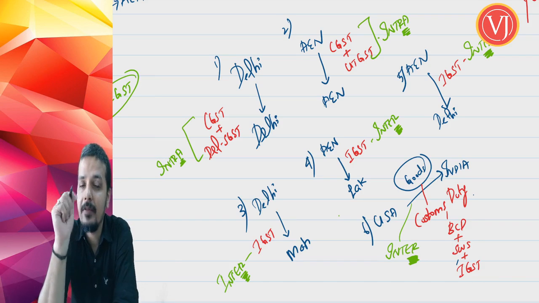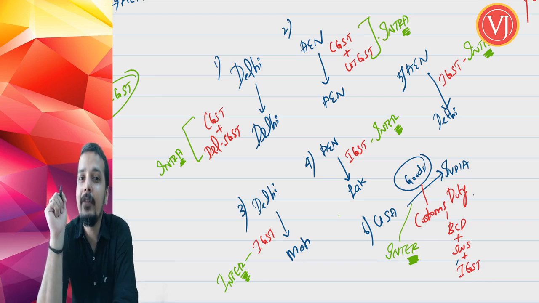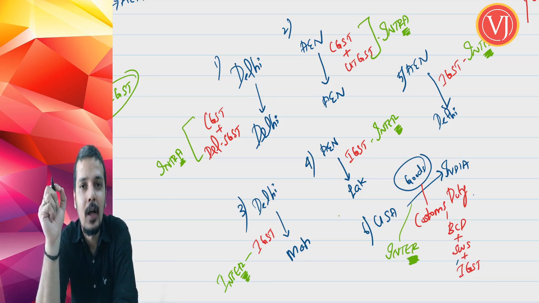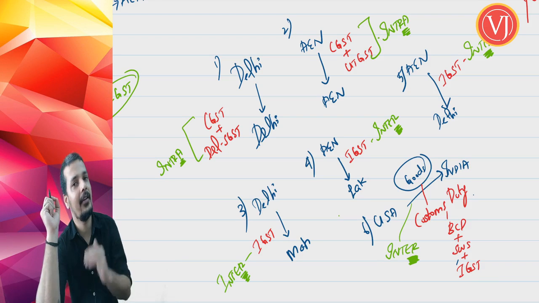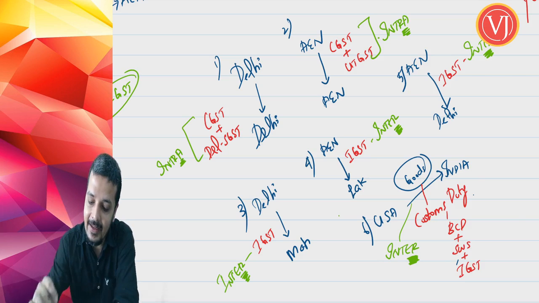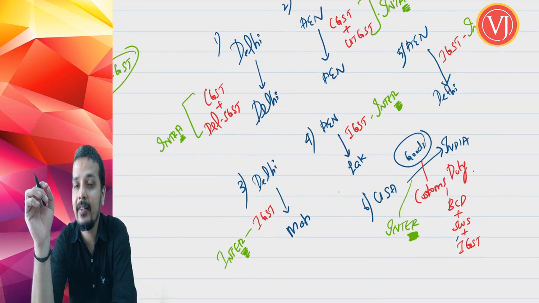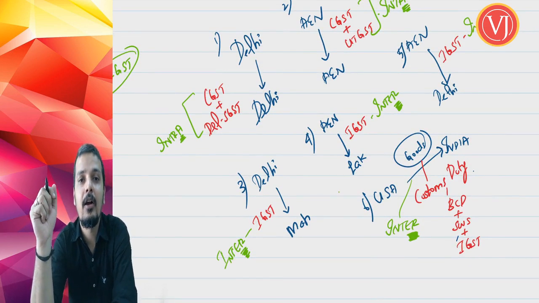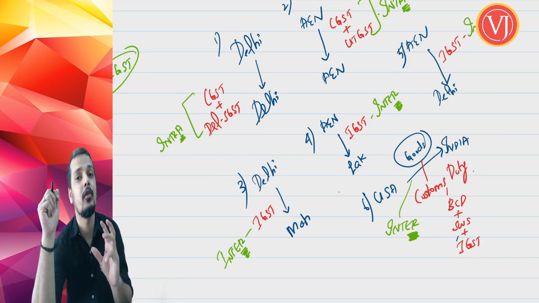Why? Because we are dealing with goods. Import of goods is covered by the Customs Act 1962, where you have customs duty, and the breakup of customs duty is basic customs duty plus social welfare surcharge plus IGST. Friends, we have already discussed IGST was the replacement of countervailing duty, which was a duplicate of excise, and special countervailing duty, which was a duplicate of VAT.